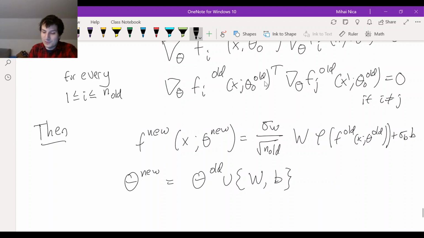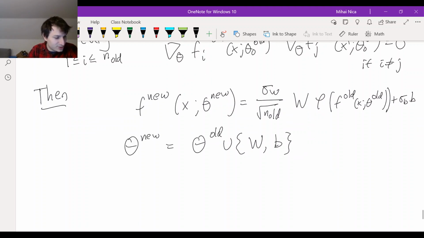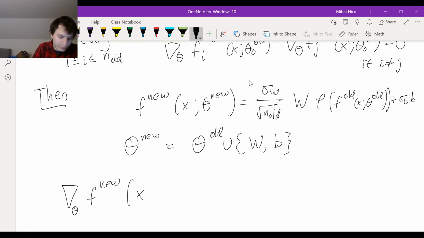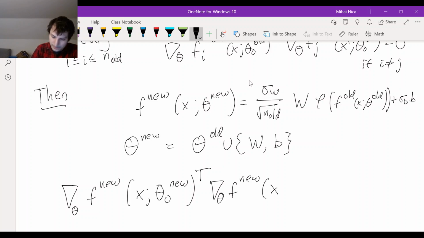Okay, so f new is defined like this, and the conclusion is that the gradients of f new satisfy that theta. So we're doing this new derivative, f new at theta 0 new, transpose, and it's converging to this new kernel, theta new of x, x prime.